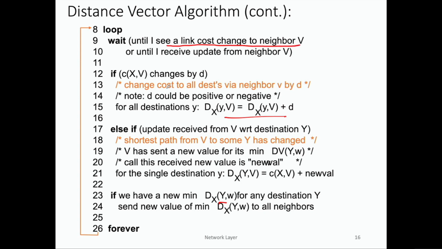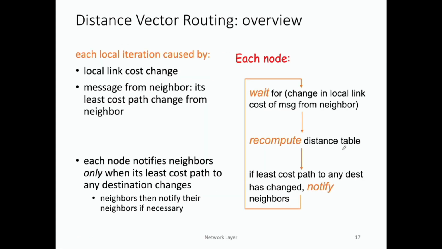Either a link cost has changed, that is the cost from X to V, in which case we will recalculate the cost, or else we'll wait for an update from V with respect to some destination Y. Again, we'll calculate the new cost, and if the new cost is minimum, we will communicate this update to our neighbors. So let's try to see how it works with the help of an example, and then we'll come back and try to understand this algorithm.